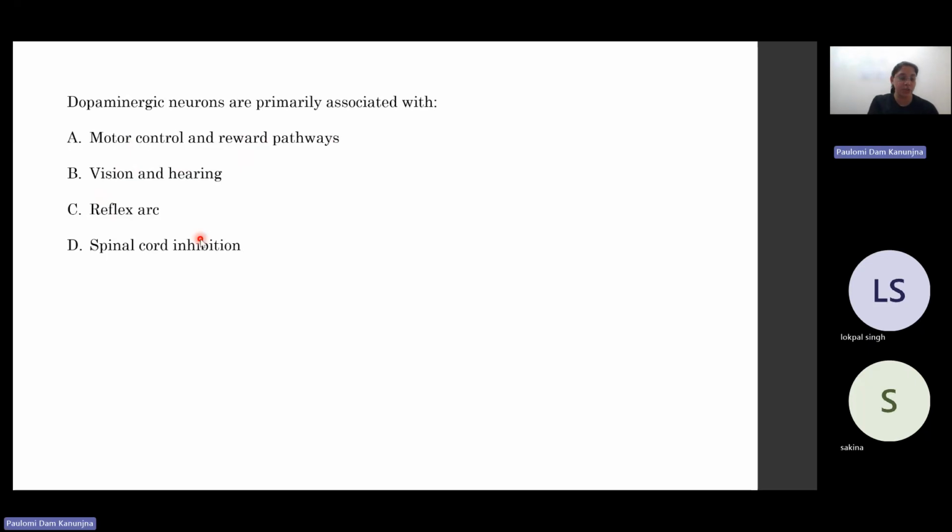So, can you guess which one will be the correct answer here? Okay.